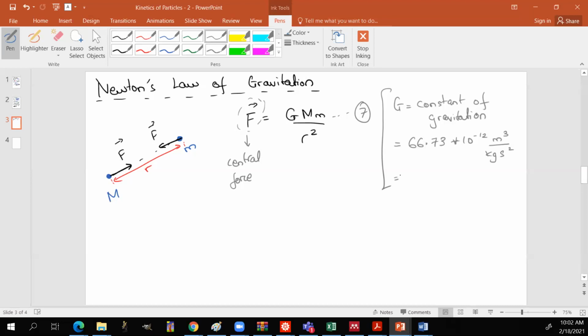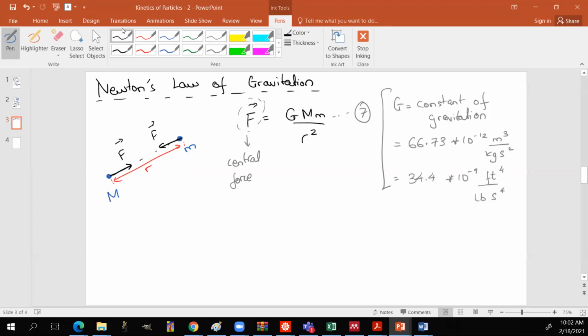Or if you're using American units, 34.4 times 10 to the negative 9 feet to the power 4 per pound second to the power 4.